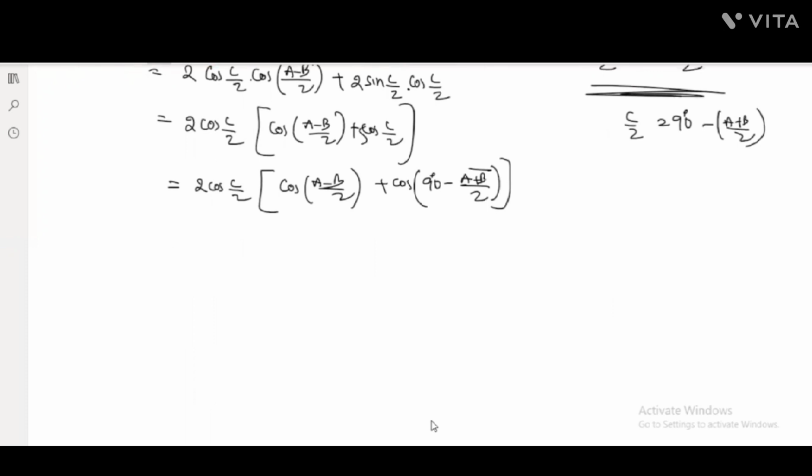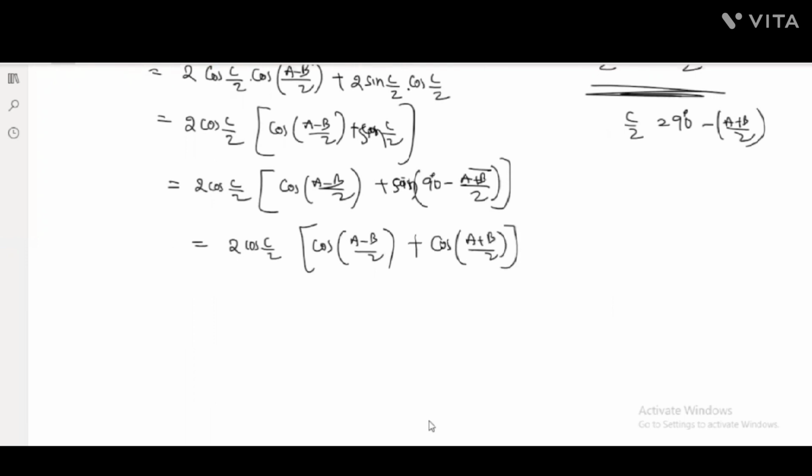Sorry, here it is sin: sin (90 minus theta) is cos theta. So we get 2 cos c by 2 into [cos of (a minus b) by 2 plus cos of (a plus b) by 2].